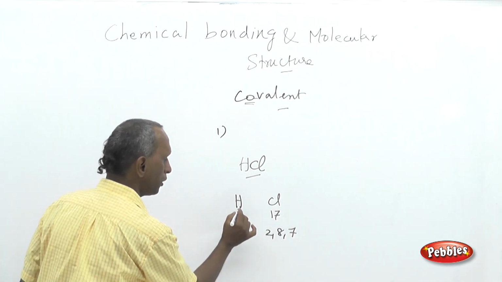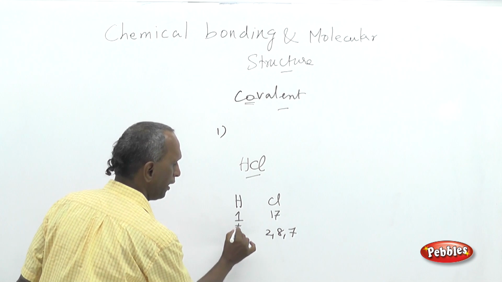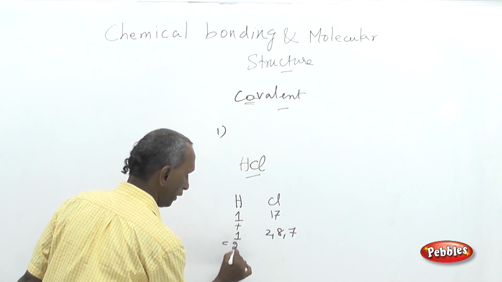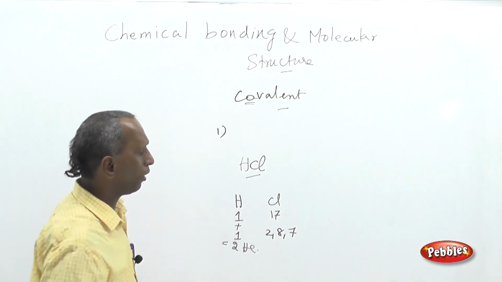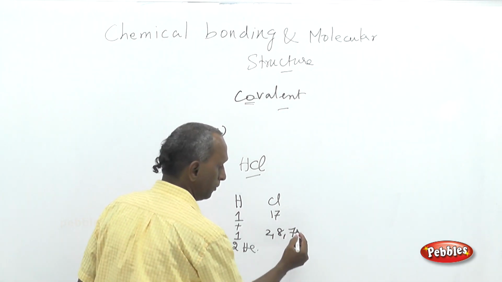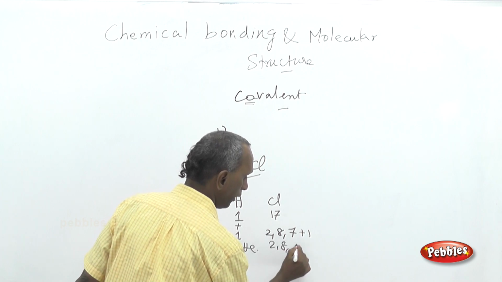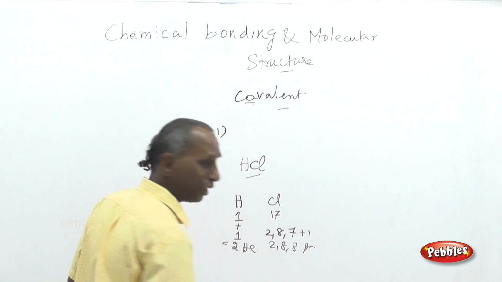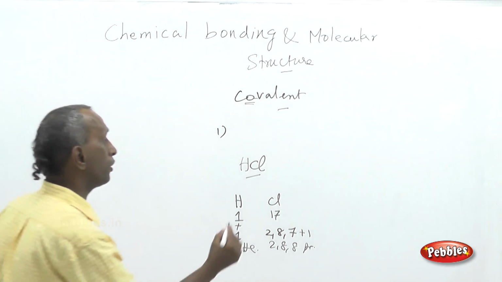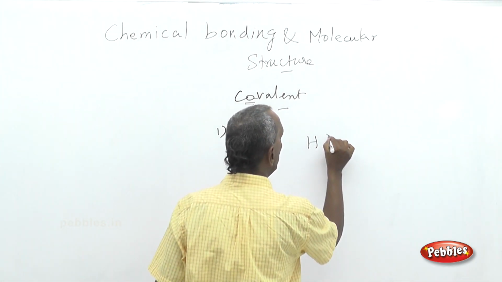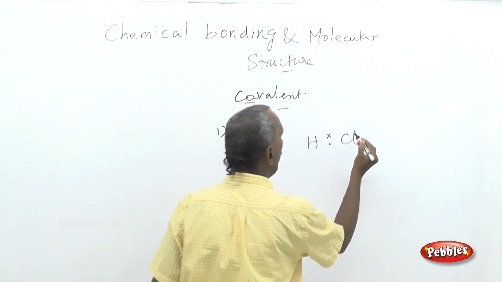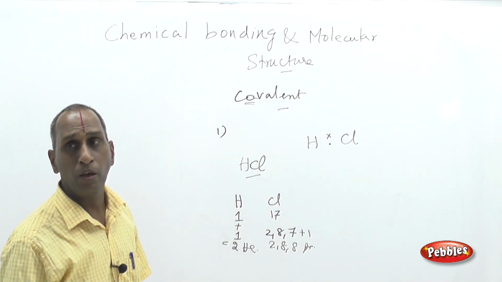The nearest inert gas to hydrogen is helium. It requires 1 electron to attain the helium configuration. For chlorine, the nearest is argon, so it also requires another electron to get the argon configuration. So both require 1 electron. In that case, 1 common pair exists between hydrogen and chlorine.